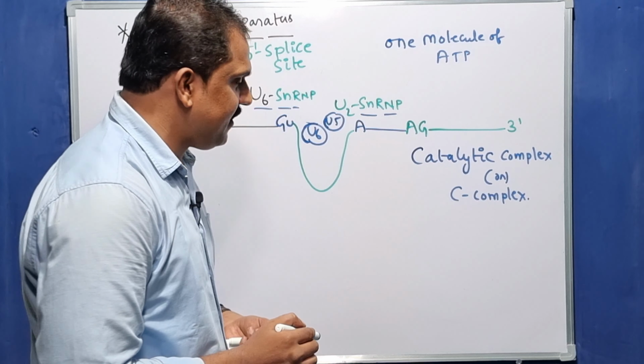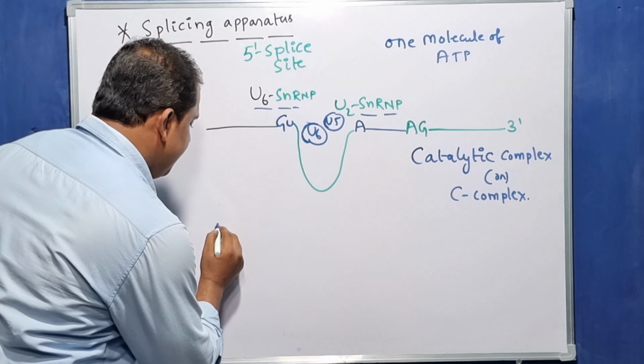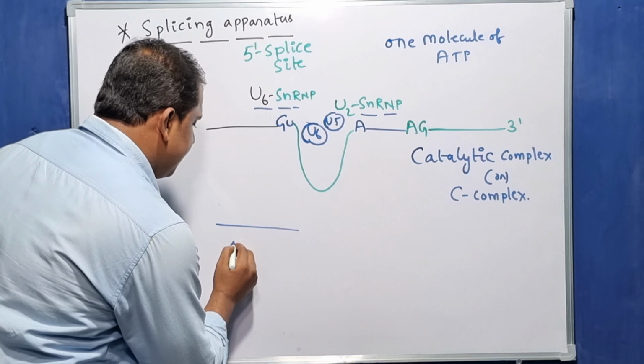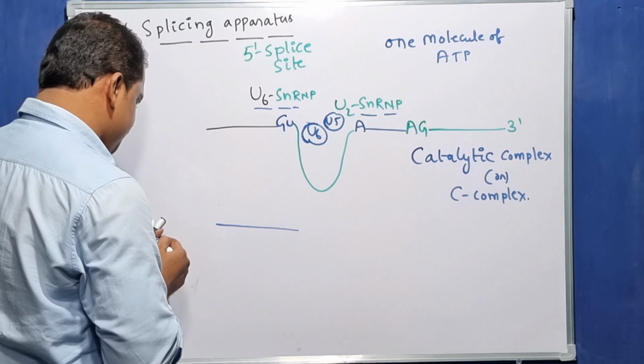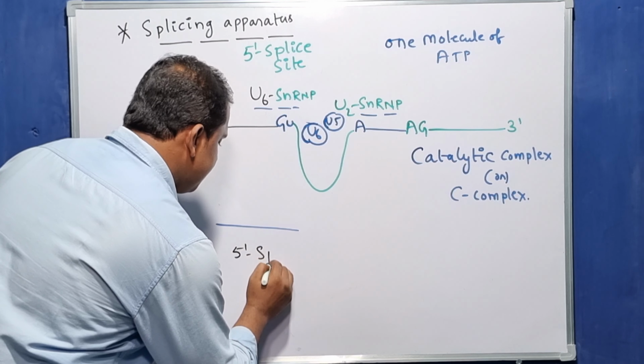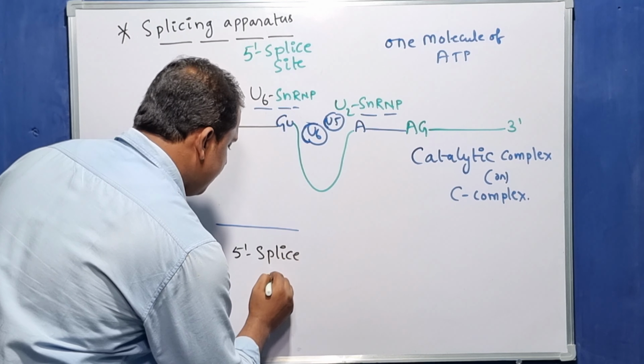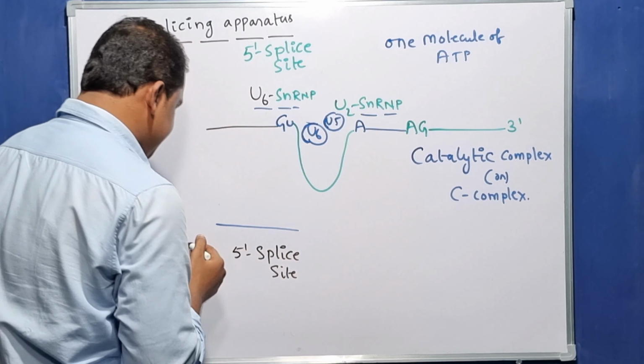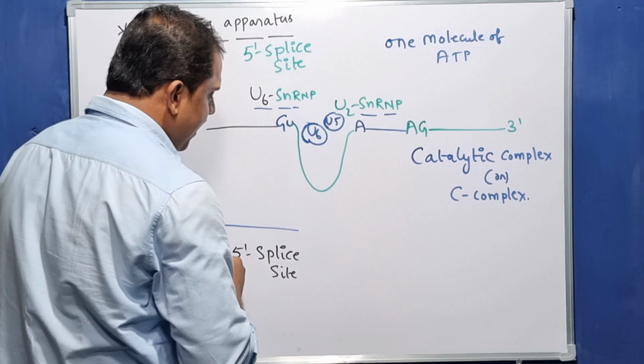Is it clear? So here it is nothing but the 5' splice site again, right? Let us assume it has the 5' splice site, and here it is nothing but the free 3' hydroxyl group.